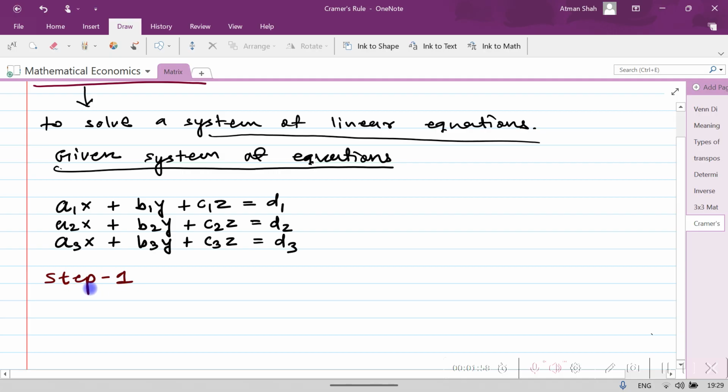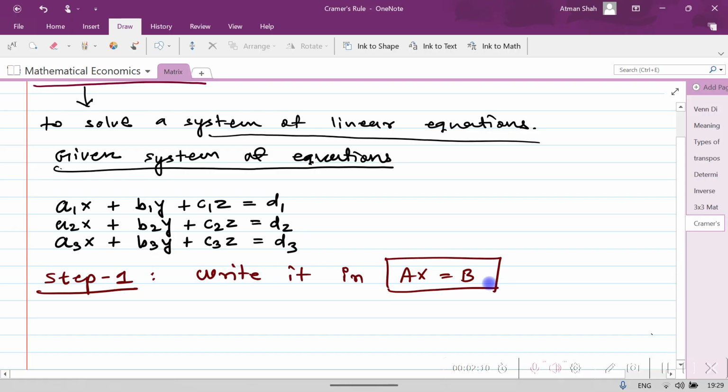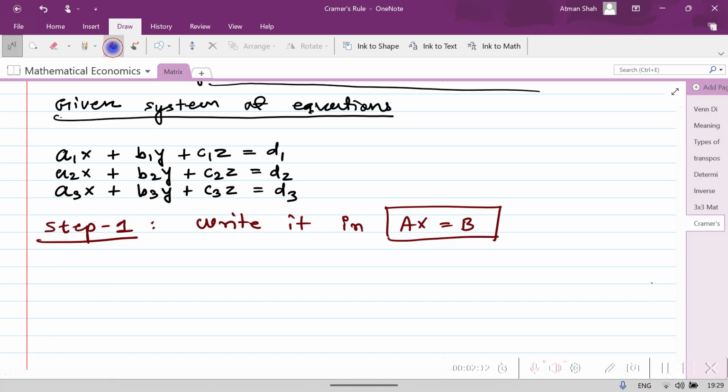Step 1. Write it in AX is equal to B format. So here what is our A matrix?